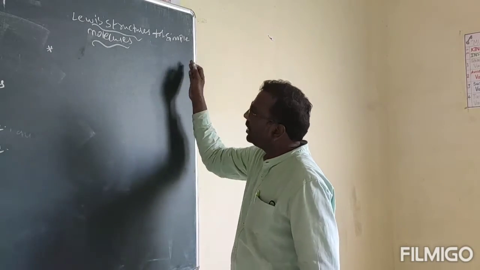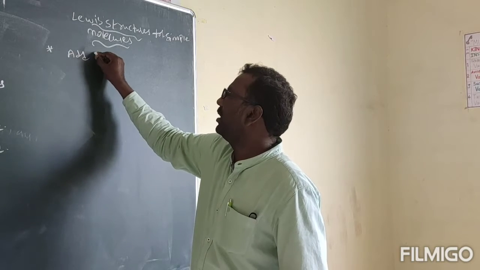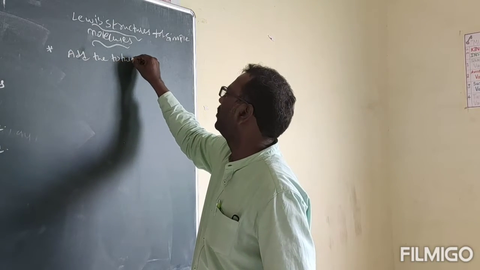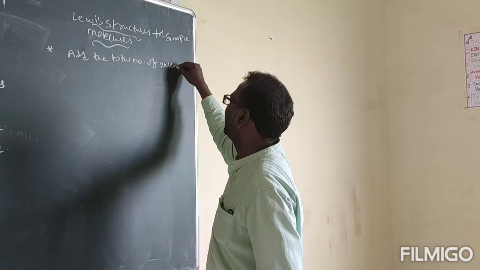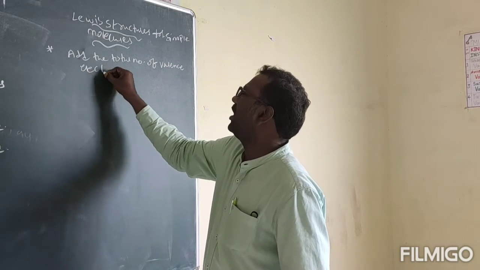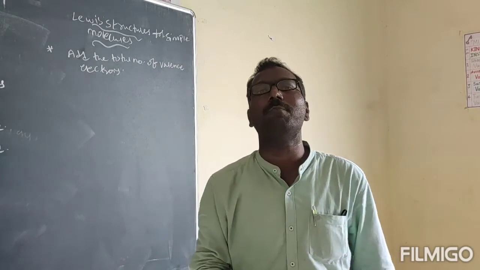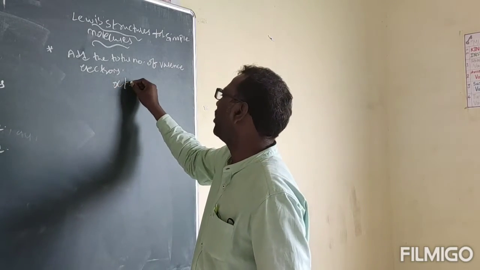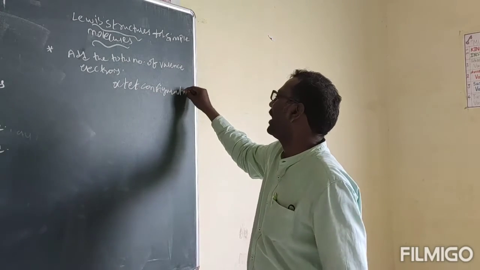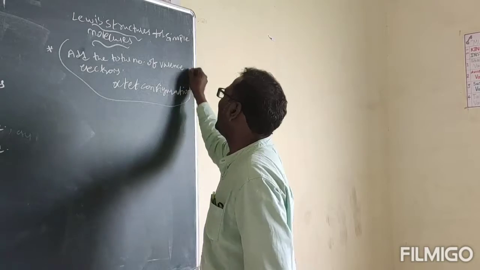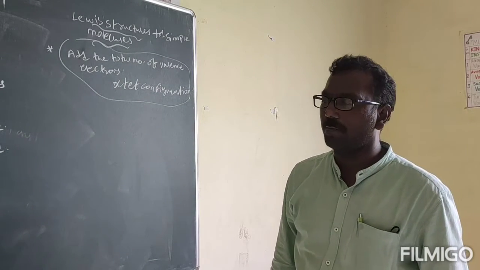When you want to draw the Lewis structure for a particular molecule, you have to add the total number of valency electrons, and always make sure that each atom which is going to combine should have octet configuration. Octet configuration should be satisfied. This is the major criteria for drawing the Lewis structure for simple compounds.